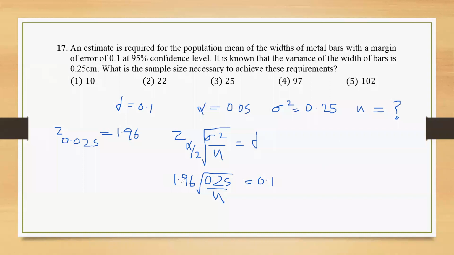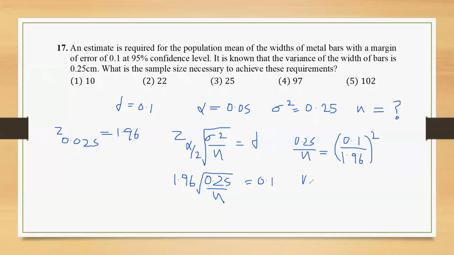I can take 1.96 to the other side as 0.1 divided by 1.96, and you can take the square of this fraction. Here only you have now 0.25 divided by simple n.